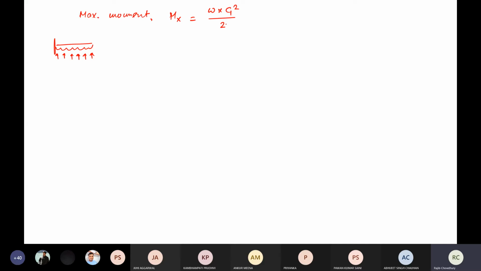Now what is W? W over here is whatever has been achieved after fixing the base plate size.